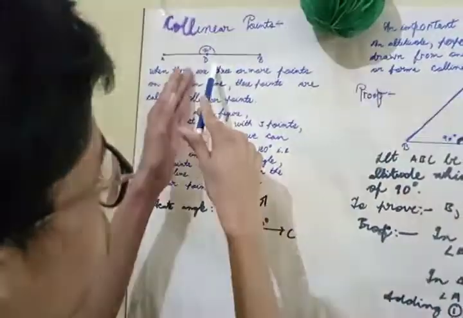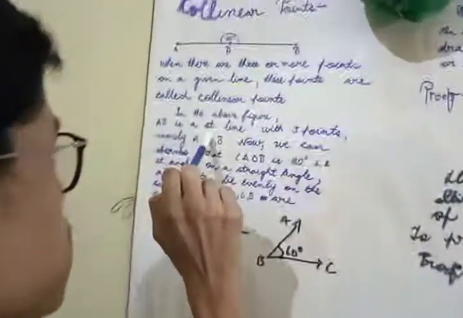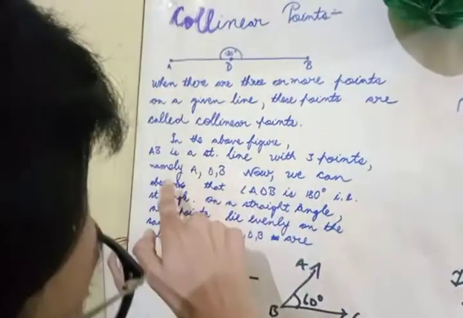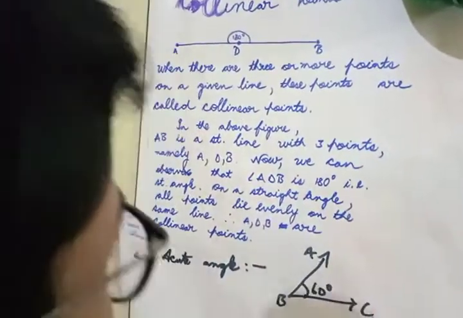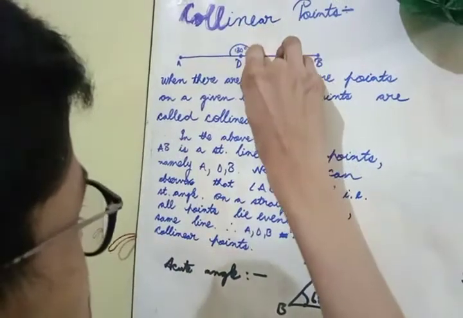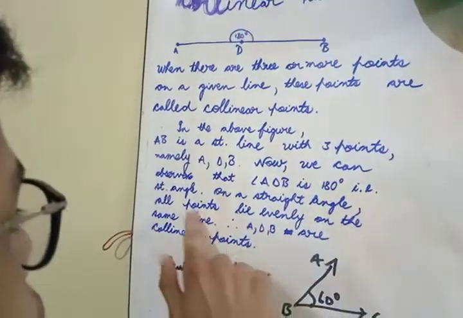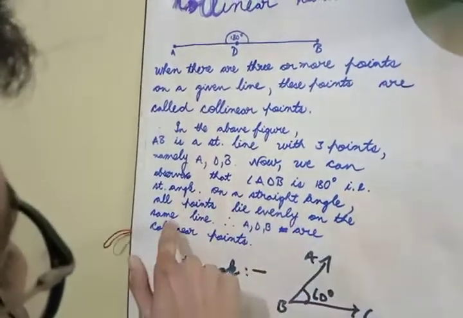Now in this figure you can see that AB is a straight line with 3 points, namely A, D, B. Now we can observe that ADB is 180 degrees. This is a 180 degree straight angle. All the points lie evenly on the same line.